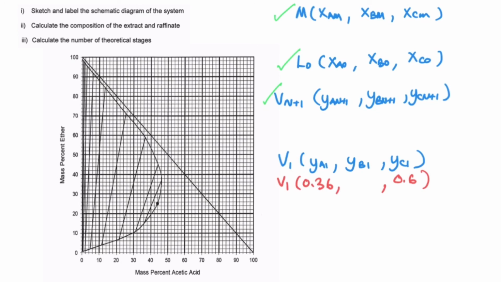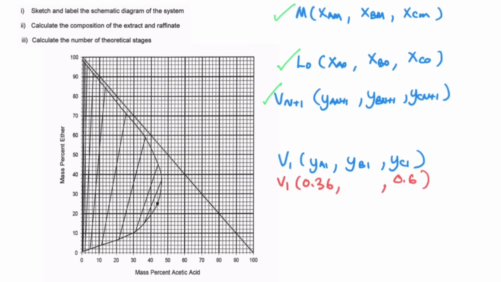From the graph, you are able to get YA1, the mass fraction of the solute in your extract. In that graph, you get the location of YA1 at 36%, which is 0.36 mass fraction.